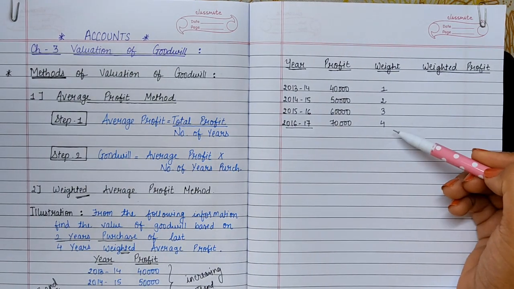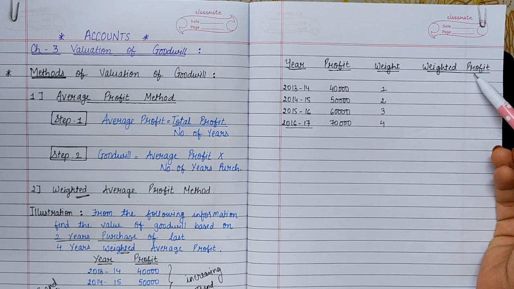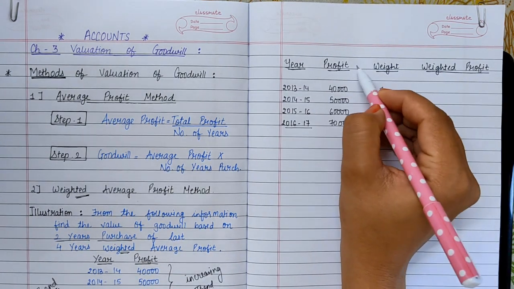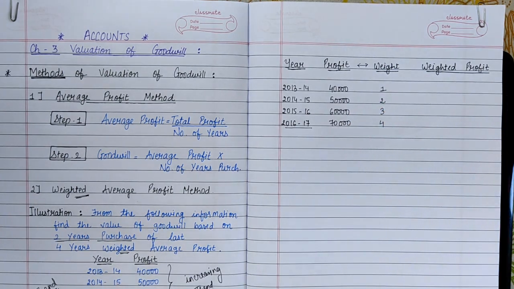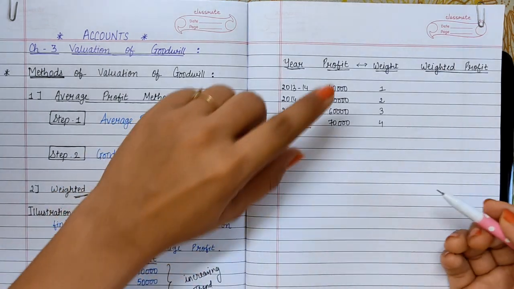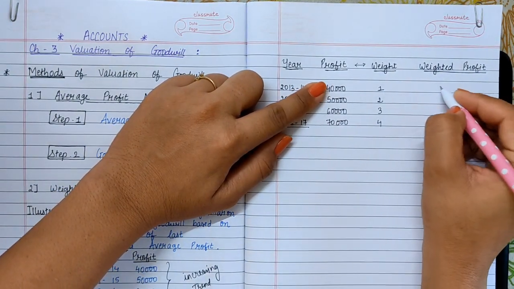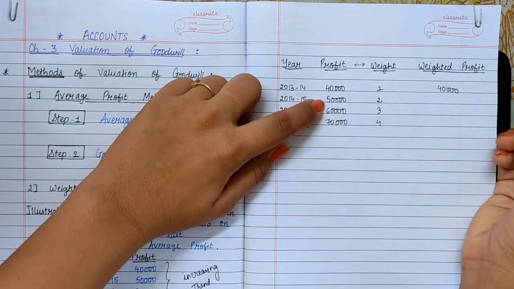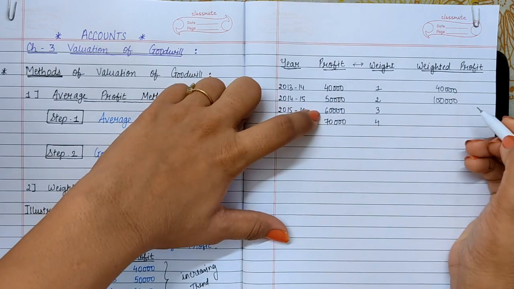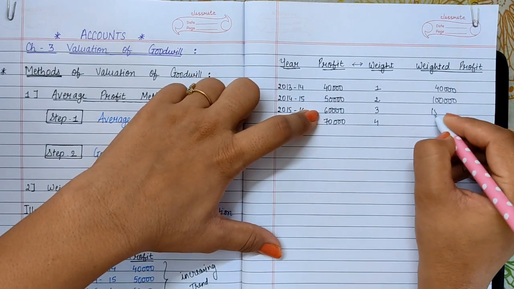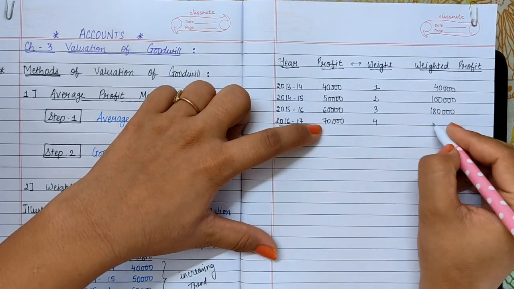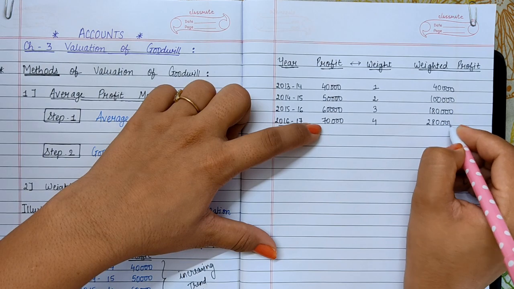Now we have weights. We have to find weighted profit by multiplying profit with weight. Here we will do multiplication of profit and weight, so we can find the column of weighted profit. Like here, 40,000 multiply 1, 40,000; 50,000 multiply 2, 1 lakh; 60,000 multiply 3, 1 lakh 80,000; 70,000 multiply 4, 2 lakh 80,000.